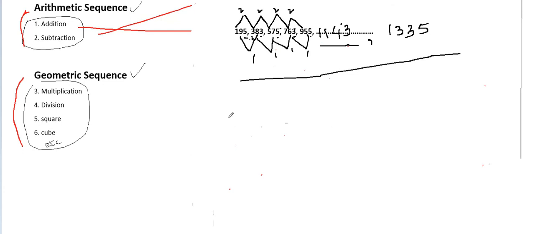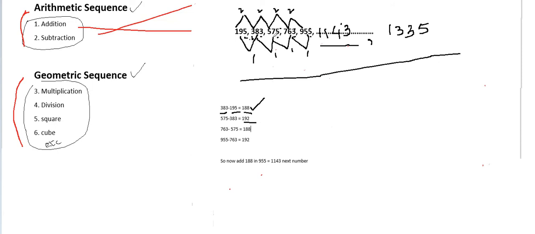Another way to solve this is simply to do this: 383 minus 195, try to do this addition or subtraction rule. So we subtracted the first number from the second one, we got 188. We subtracted 383 from 575, we got 192.